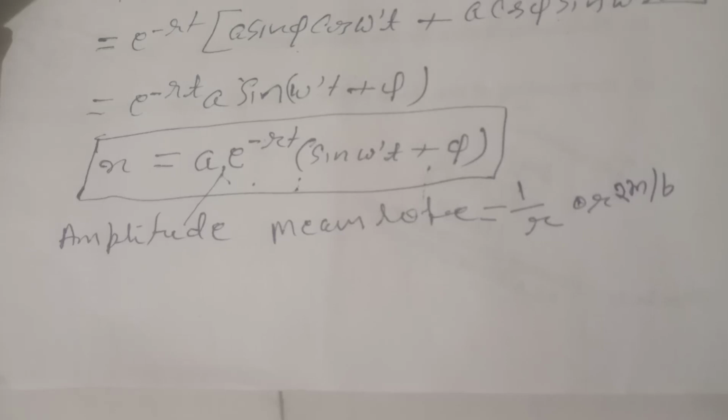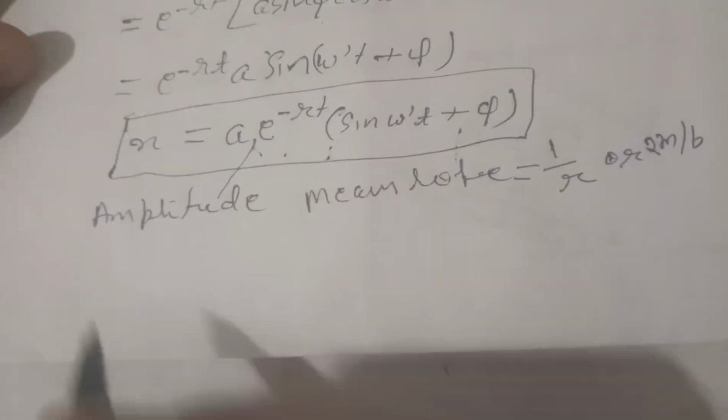So if damping were absent, that is r equals 0, the mean lifetime would be infinite, that is the amplitude would have remained constant. Now we see the time period.